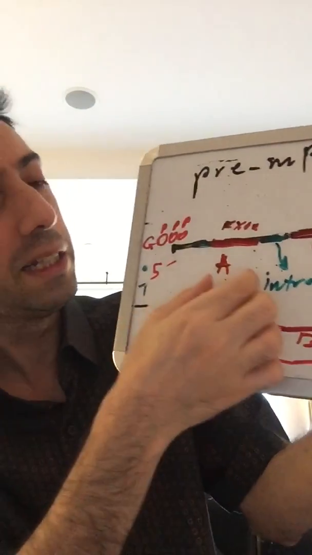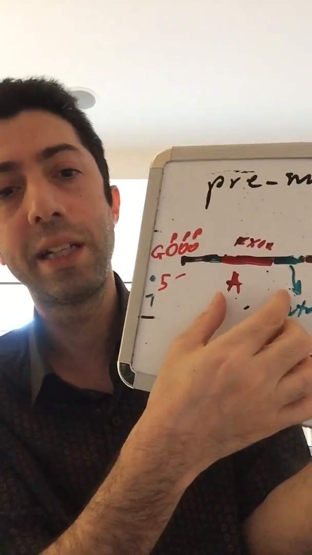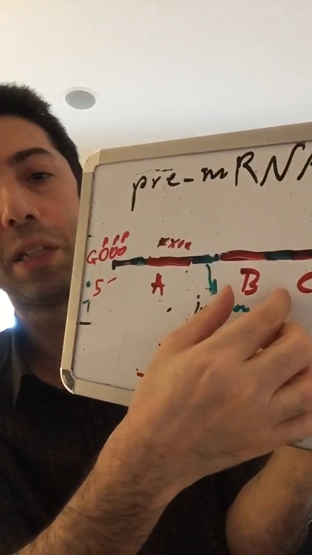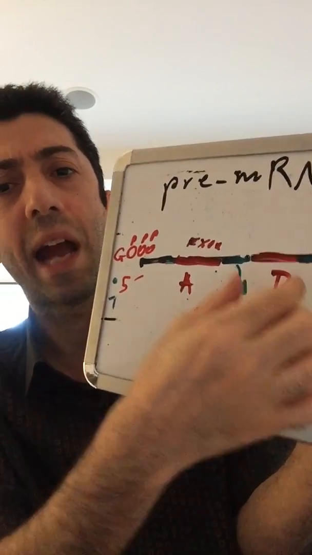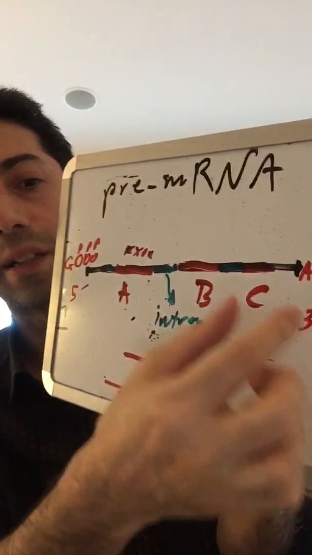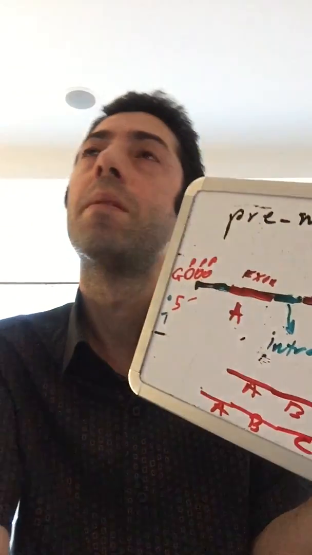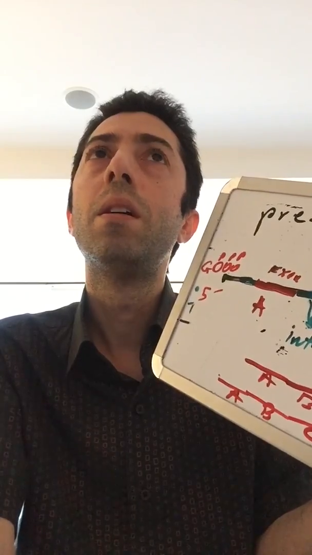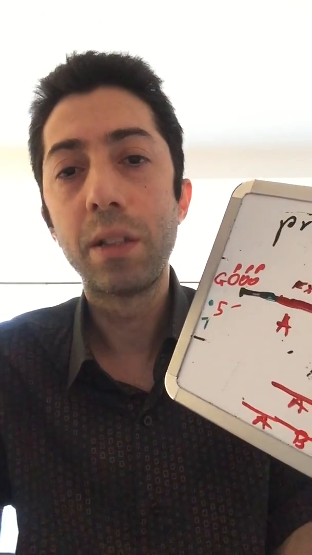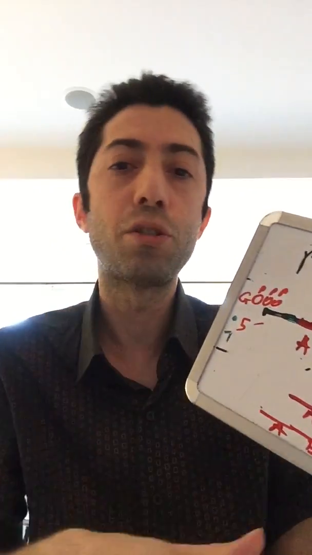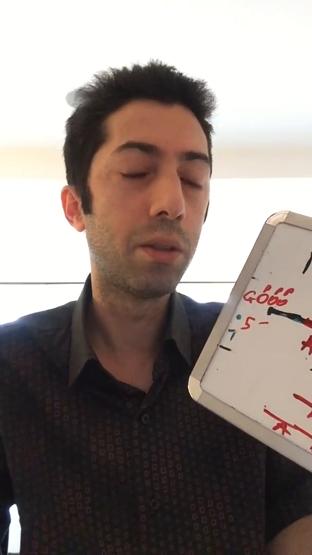For example, A in this case may be a catalytic domain with a functional group. B would be like the active area. I'm just making it up. And C could be a specific domain to attach to part of the organelle. Just put it that way.